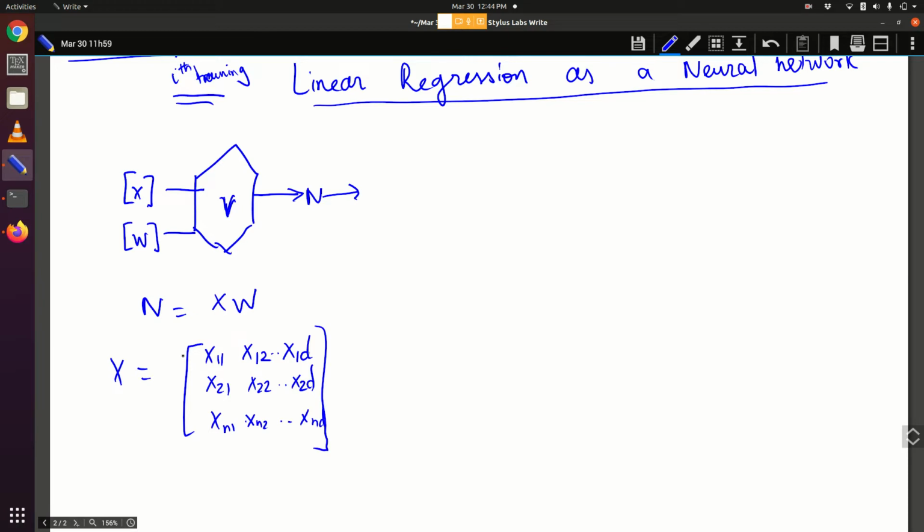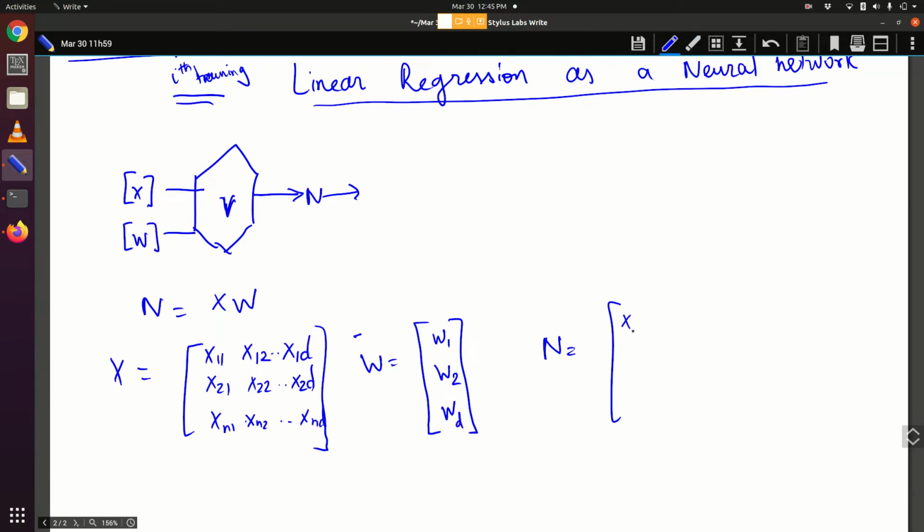This is for training sample 1, training sample 2, up to training sample N. And W right now I will take as a simple row vector, W1, W2, W3. So when I do XW, my output will be a row vector, which is N. Sir, W should be till WD, right? Yeah, WD, sorry.